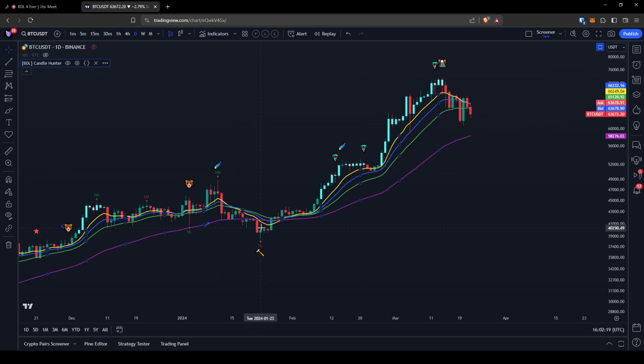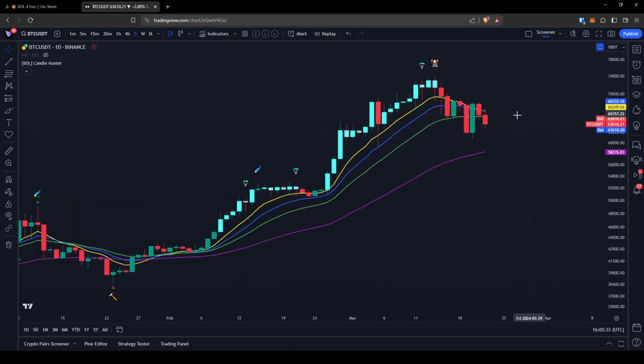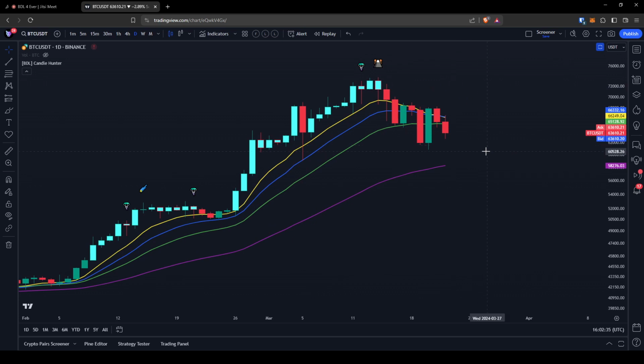It also gives you a great indication when you start to lose those EMAs. The yellow EMA is of course faster than the blue one, the blue one is faster than the green one, and so on. This is a real good example.